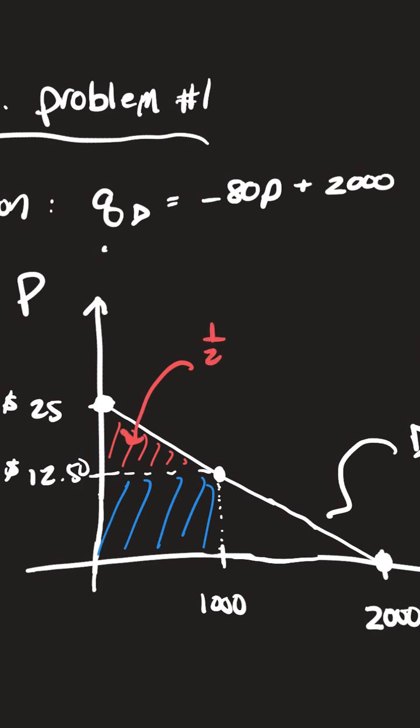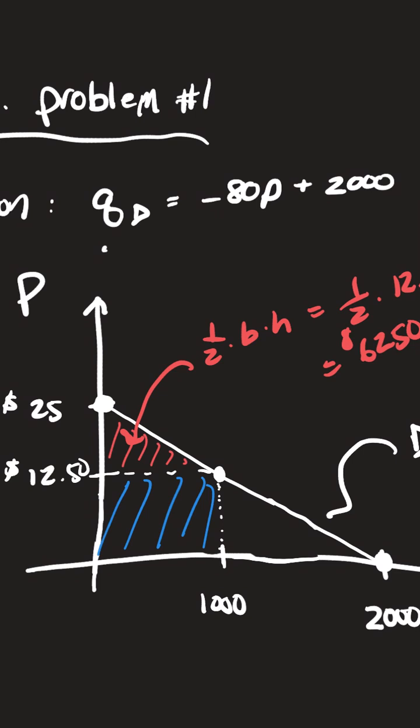That's going to be 1/2 times base times height, which is equal to 1/2 times 1250 times 1,000. And this equals 6250 once we multiply it out.